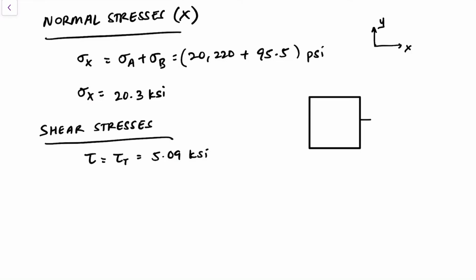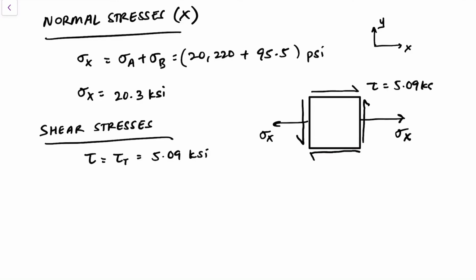You have sigma X in both directions, because it has to be a critical element that's in equilibrium, and tau, or the shear, is drawn in this fashion, where both arrows should point to the same corner. And tau here is 5.09 KSI, and sigma x is 20.3 KSI.